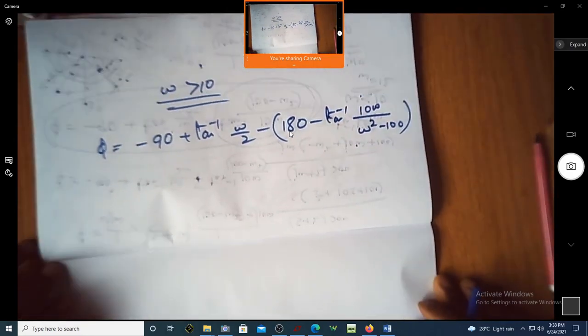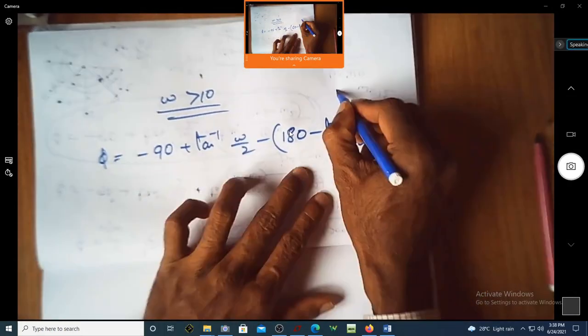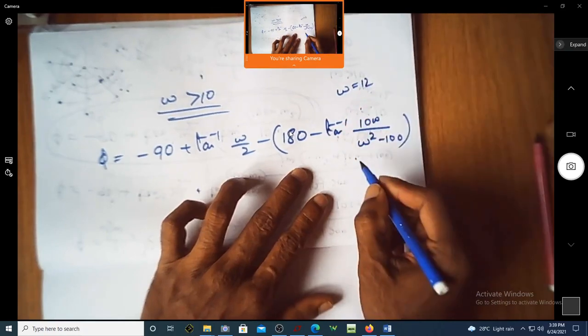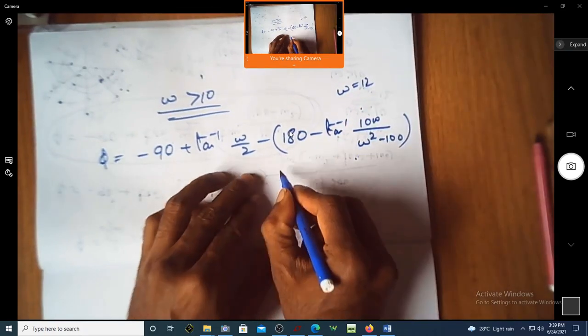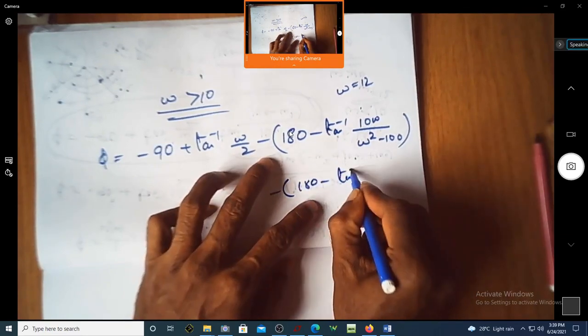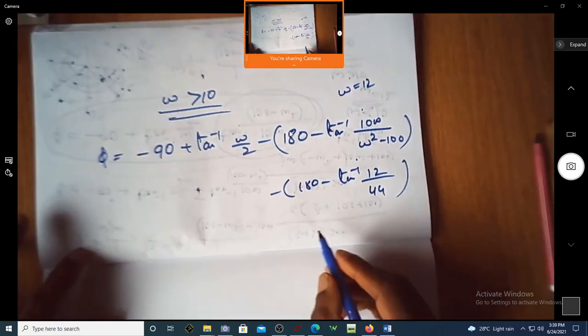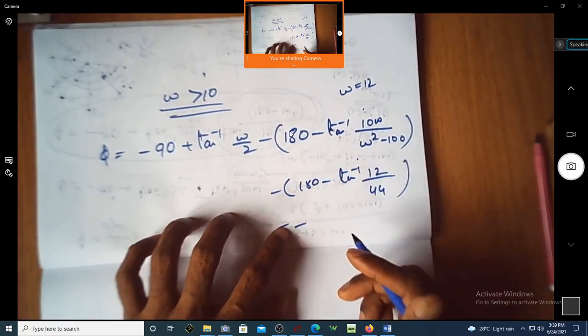Now if you substitute, what is the value of omega you have taken? Omega was 12, no? Is it now minus 180 minus tan inverse of 12 by 44? What is this angle now?